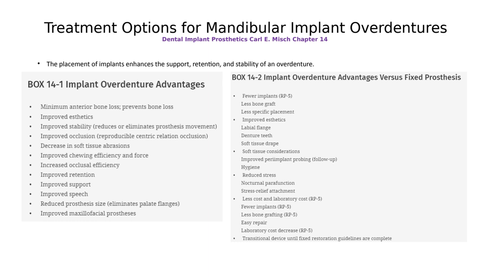What are some advantages of overdenture versus fixed? There are fewer implants and less bone graft because everything gets retained through the bar.